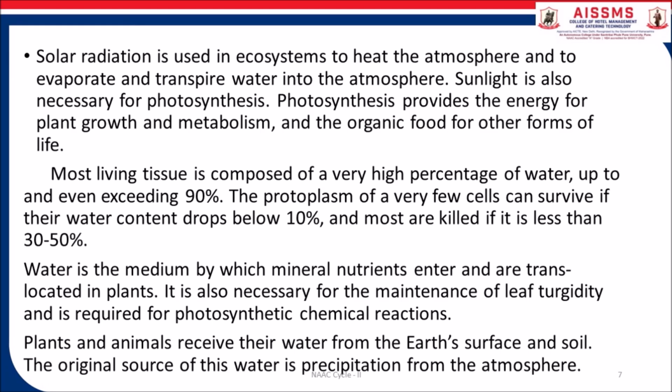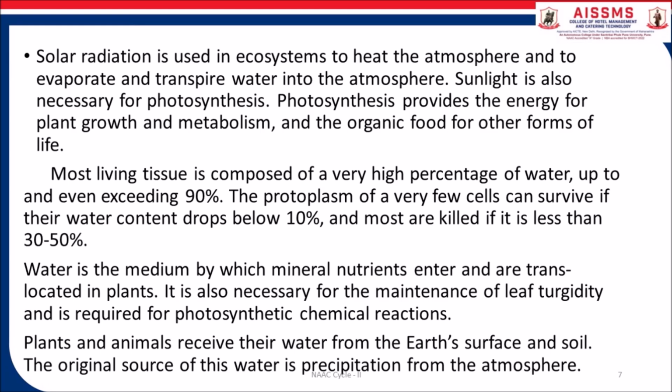Most living tissue is composed of a very high percentage of water, up to and even exceeding 90%. Very few cells can survive if their water content drops below 10%, and most are killed if it is less than 30 to 50%. Water is the medium by which minerals and nutrients enter and are translocated in plants.